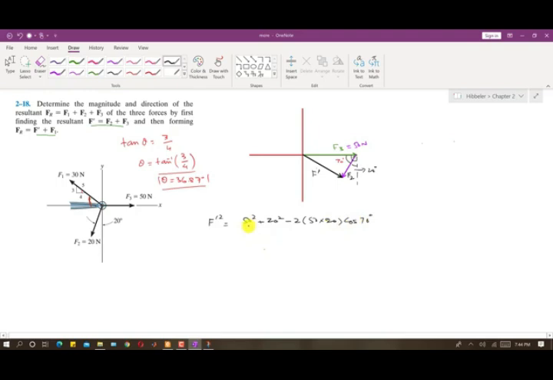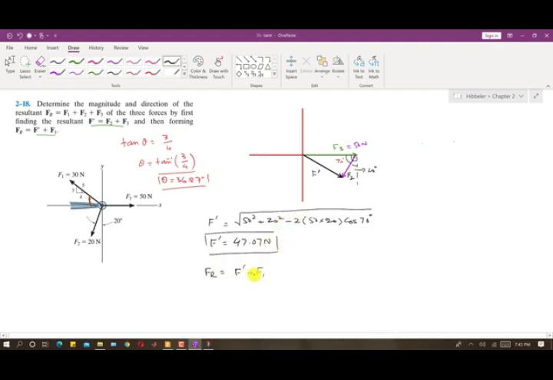And if we take the square root, this will give us the F dash magnitude, which is the resultant of F2 and F3. So F dash comes out to be 47.07 Newtons, right? So the resultant of F2 plus F3 magnitude is 47.07, right? So now to find the Fr, we will add F dash plus F1.